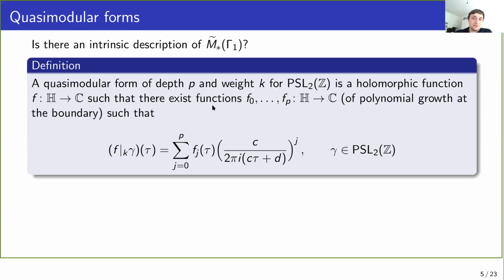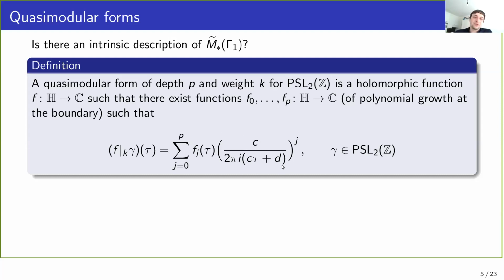So the intrinsic description of quasi-modular forms is that, again, we're talking about holomorphic functions on the upper half plane, but instead of the modular transformation law, where if we slash it in weight k with gamma we again get f, in this case, when we slash f with gamma in weight k, we get some polynomial in this vector here.